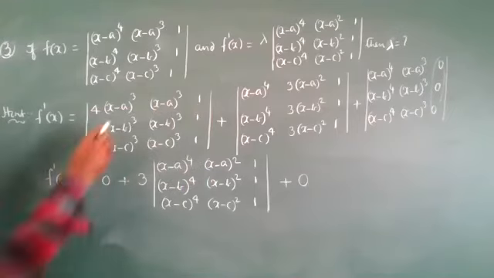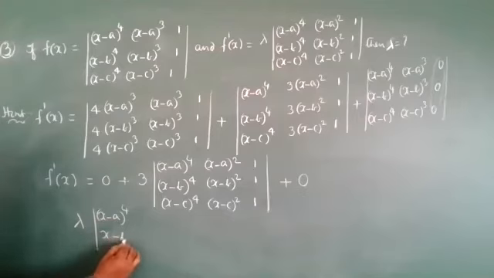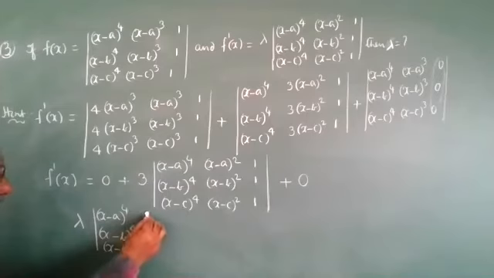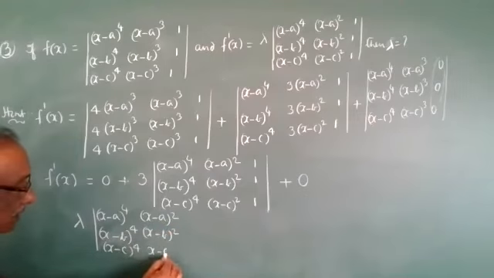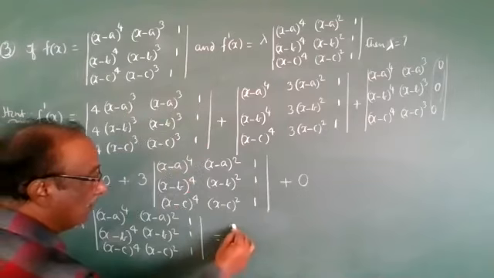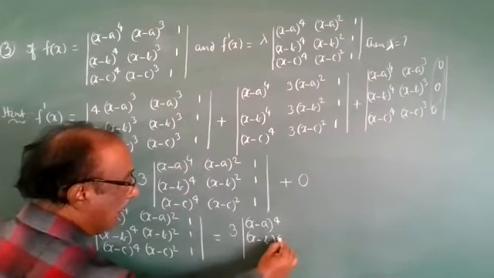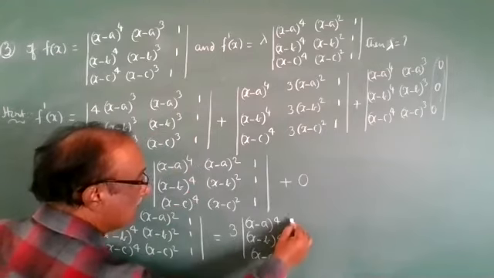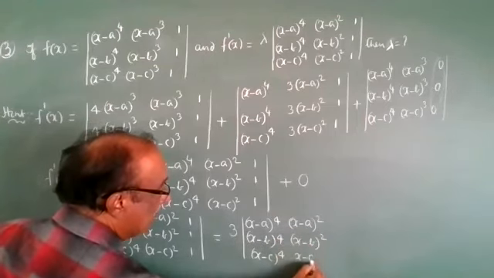Now write down the f dash x value, given as lambda into the determinant of (x minus a) whole power of 4, (x minus b) whole power of 4, (x minus c) whole power of 4; next (x minus a) whole square, (x minus b) whole square, (x minus c) whole square; 1, 1, 1. f dash x is equal to 3 into the same determinant.